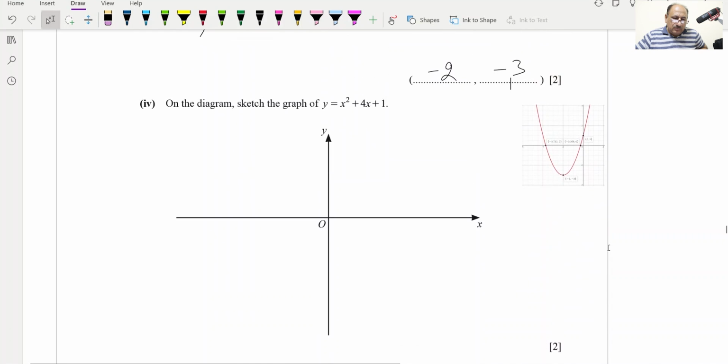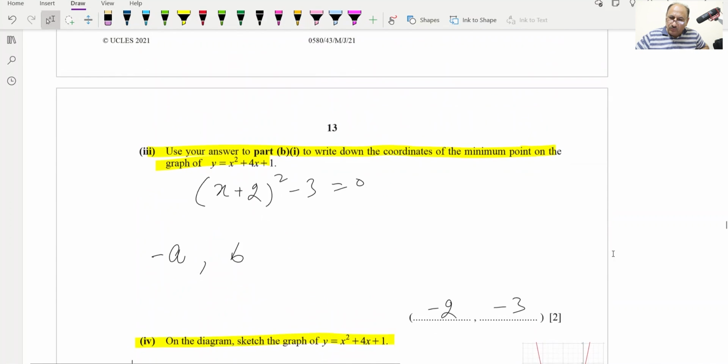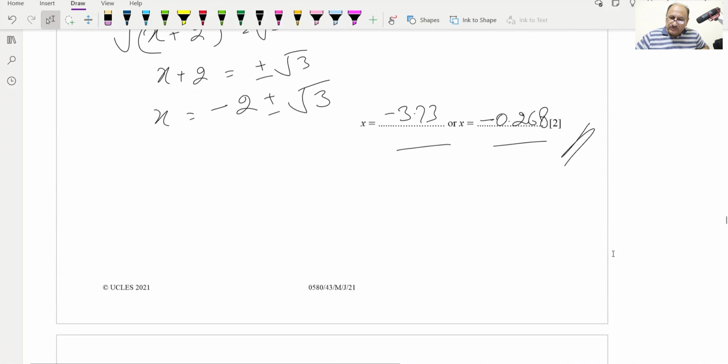Next, same question, part 4 on the diagram. Sketch this graph, y is equal to x squared plus 4x plus 1, and we know the solutions, the x intercepts we found in this part.